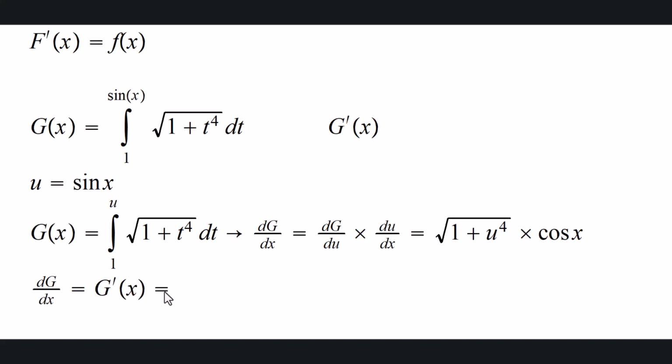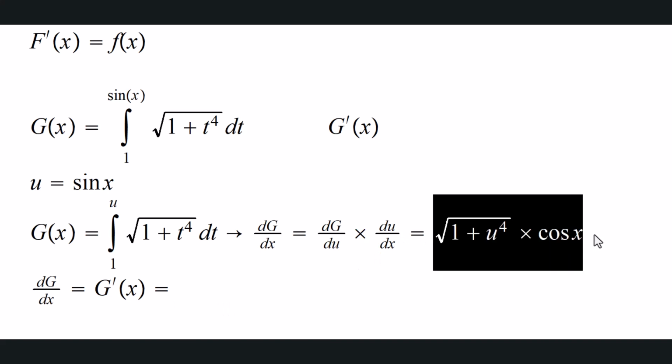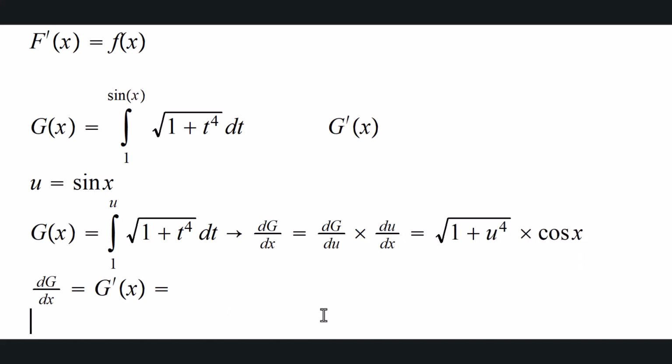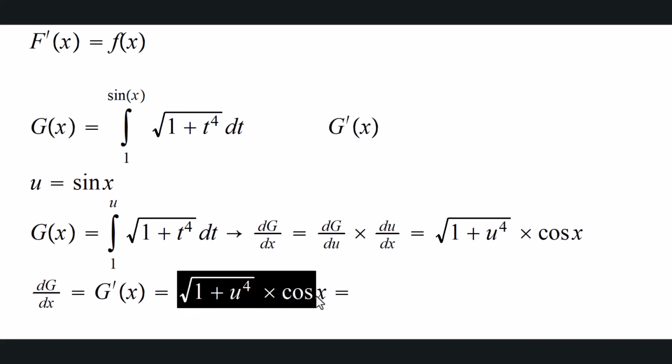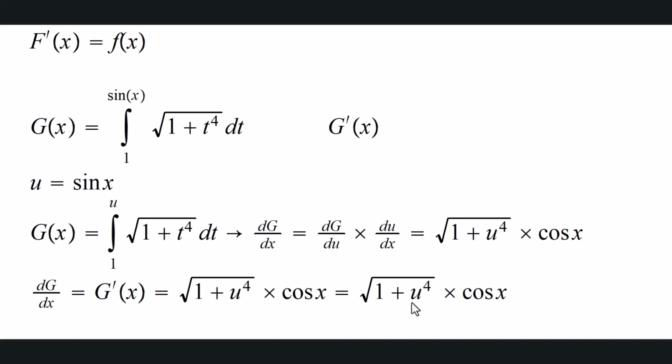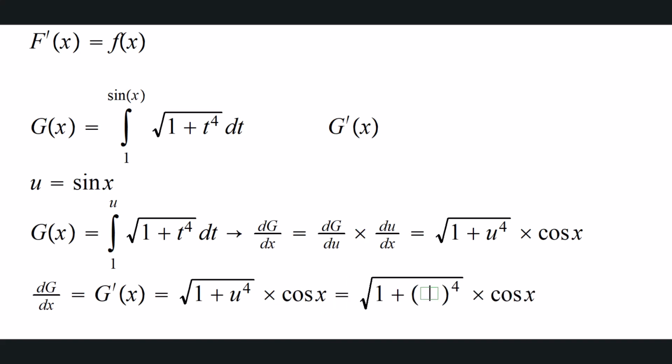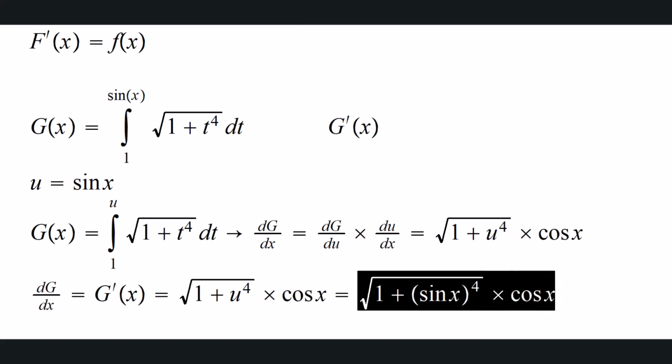That becomes equal to this function as we just obtained, and we can now replace u by sine of x, because that's what u was. So here we will write sine of x to the power 4, and this becomes the derivative of g with respect to x. All right.